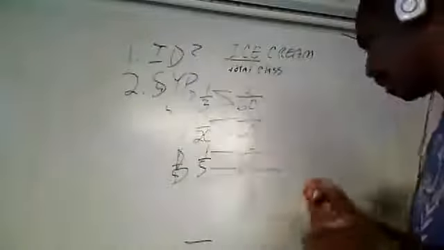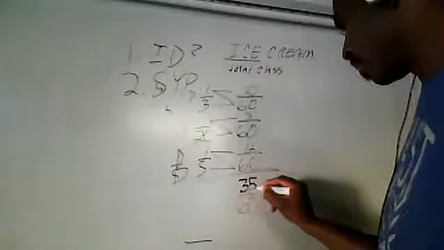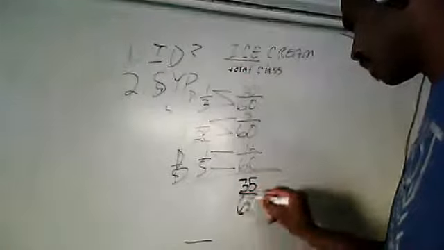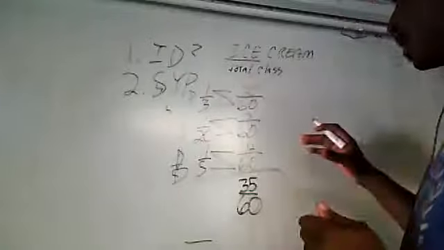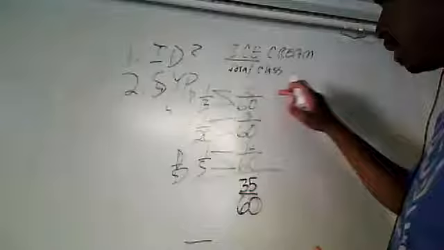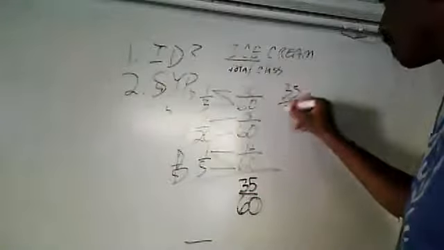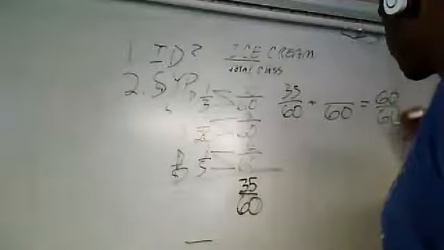I'm going to try to darken this up some. Okay, so now the next thing to figure out is what fraction chose ice cream. So if the whole class is made up of all these fractions and these three fractions equal 35/60th, okay, so the whole class would be 60 out of 60.